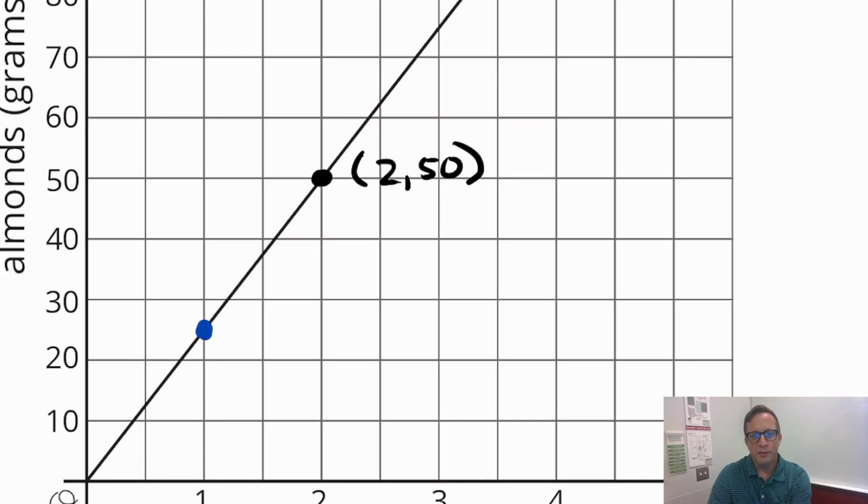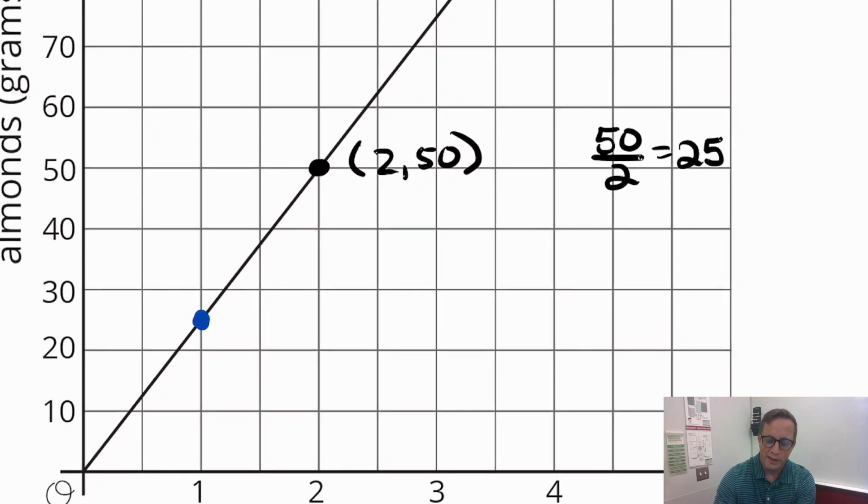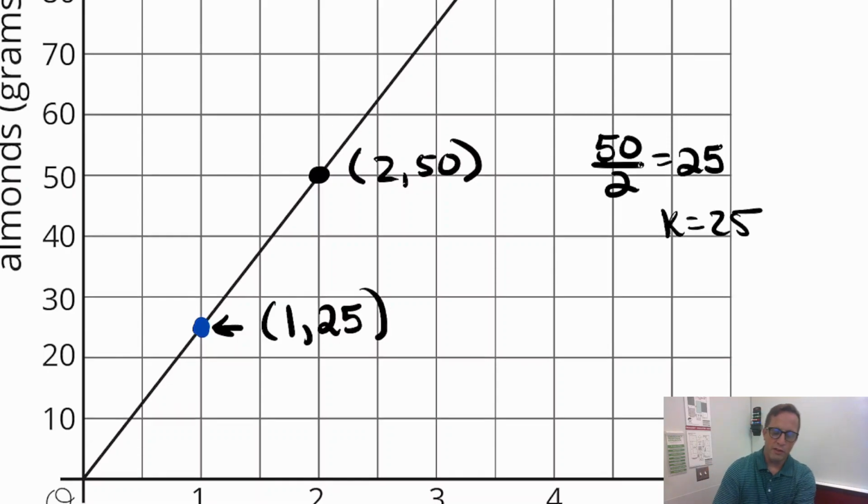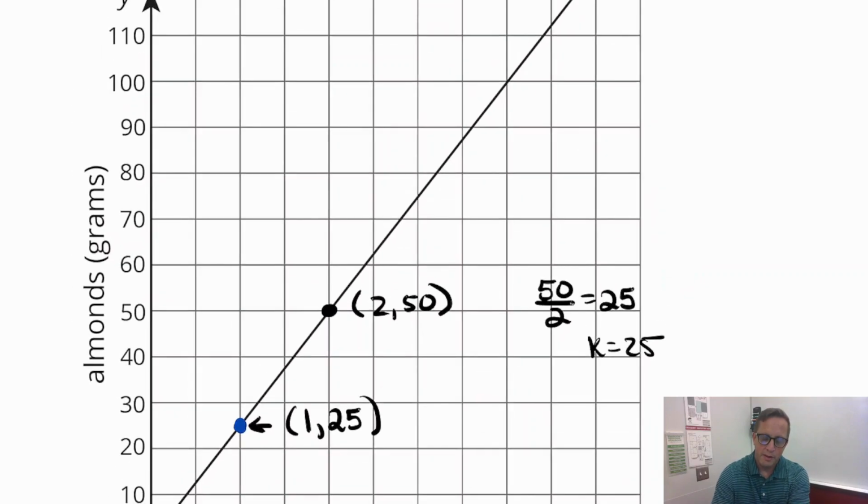I was going to just estimate this, but we don't need to. That's definitely 250. So if I do 50 divided by 2, you get 25. That's your K right there. K has to equal 25. So this point right here is going to be 125. See, just had to look around a little bit.